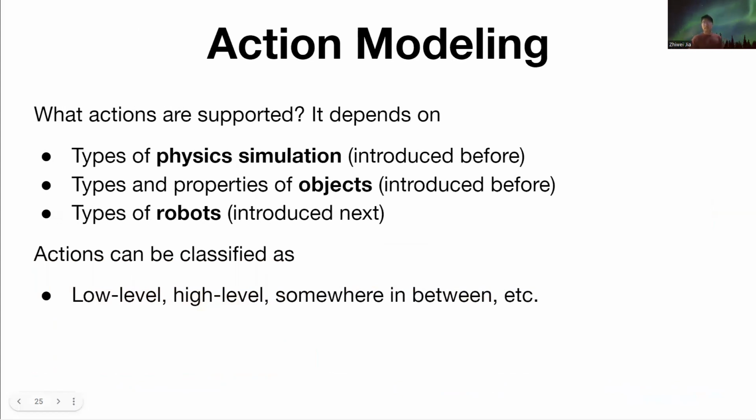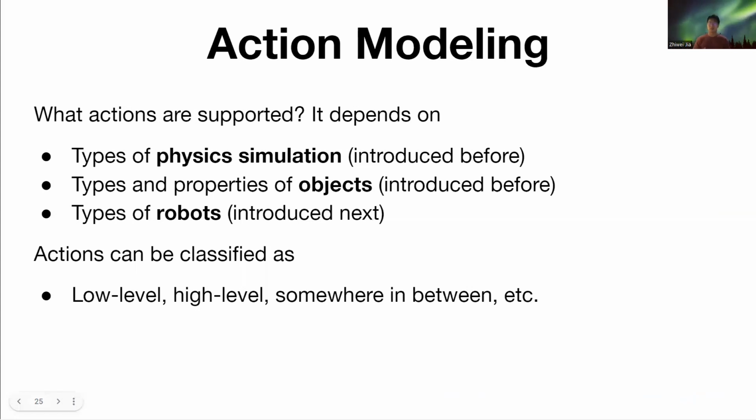After introducing the actionable properties of objects, let's finally talk about the actions themselves. The types of actions supported in a simulator depend on three different things: the types of simulation, the types and properties of the objects, and also the types of the robots. We've already covered the first two points in the previous slides.